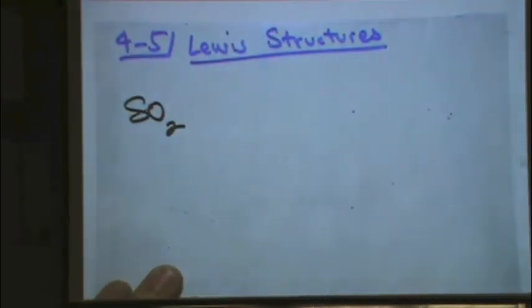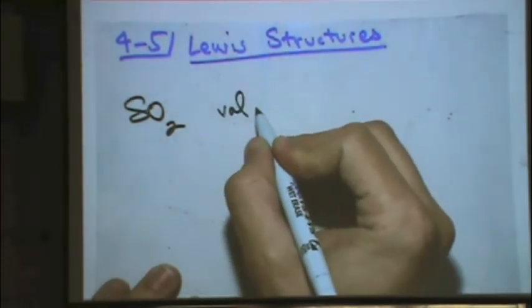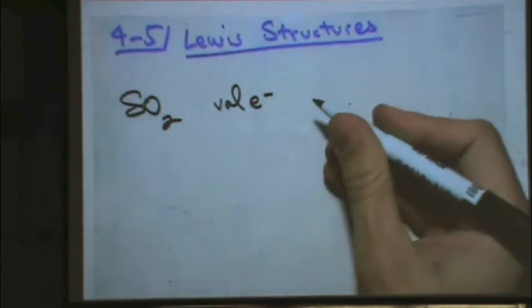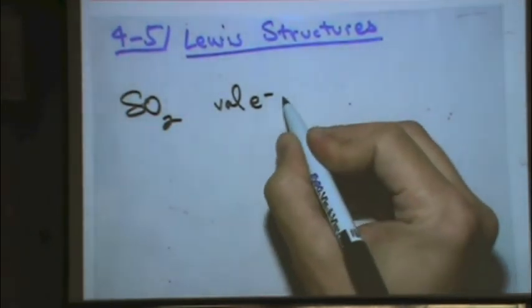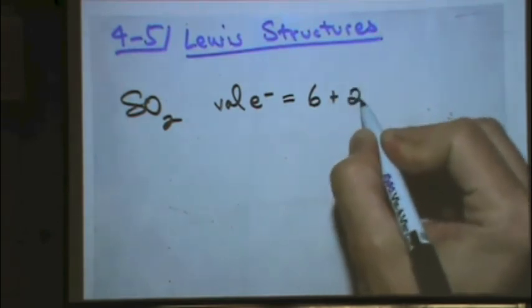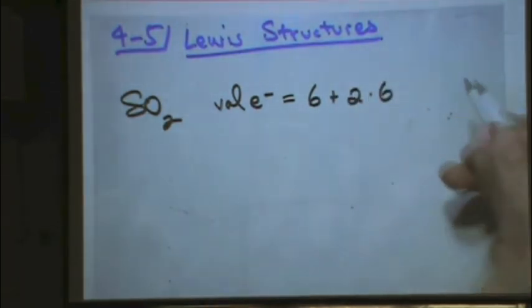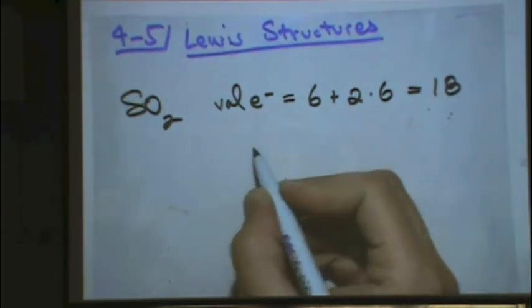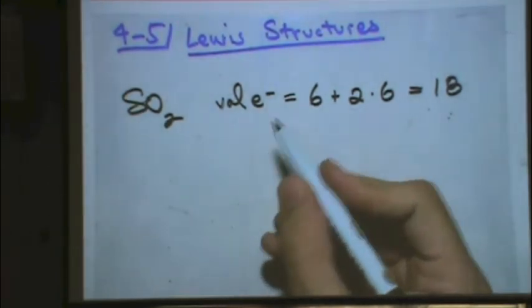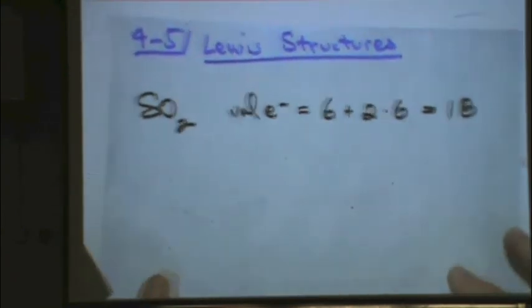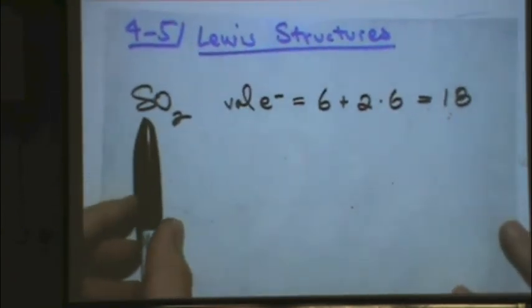Try SO2. You follow the flow chart. Valence electrons is first. We have a sulfur in column 6, and 2 oxygens in column 6, so this is going to be a total of 18. Now, how do you draw the skeleton? This is a chemical formula.